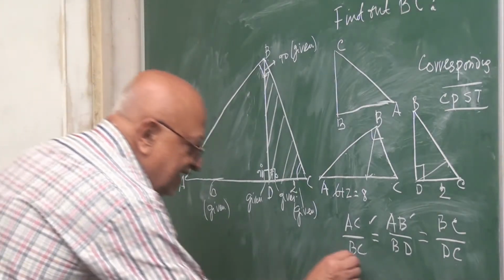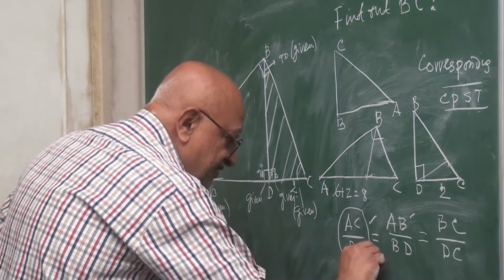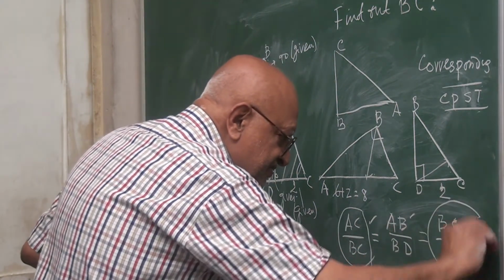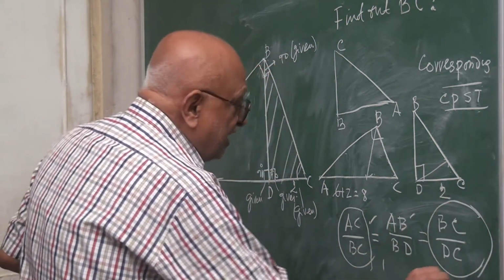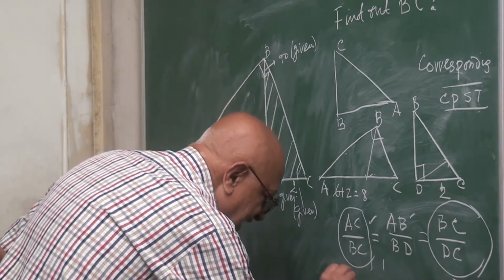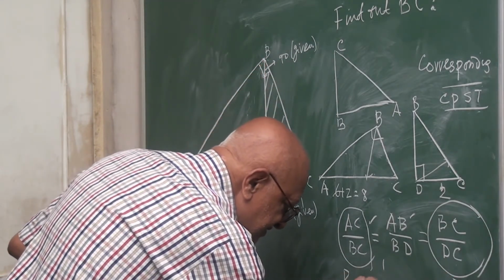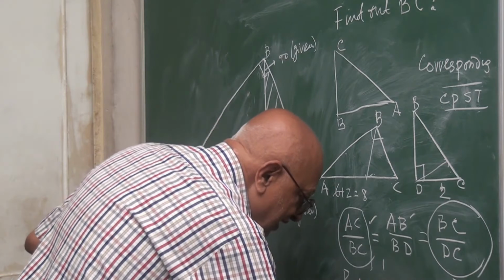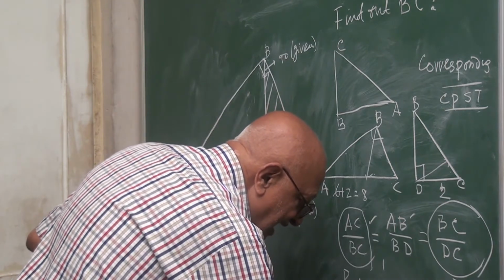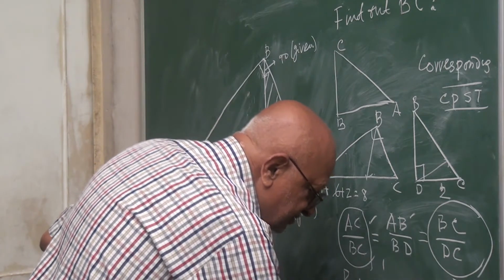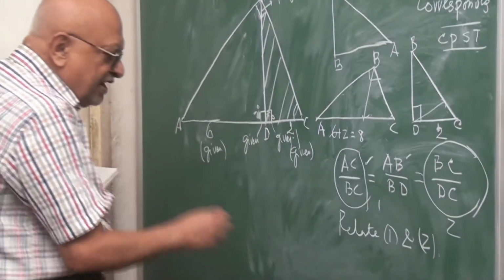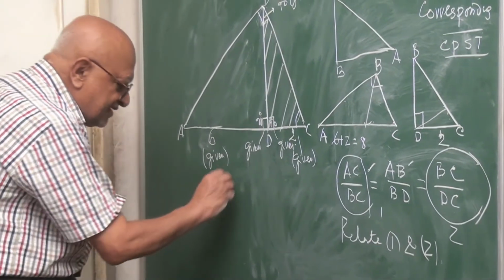Now I will relate this ratio and this ratio. So I will relate 1 and 2. Relate 1 ratio and 2 ratio. So what do I do? I'll come on this side.